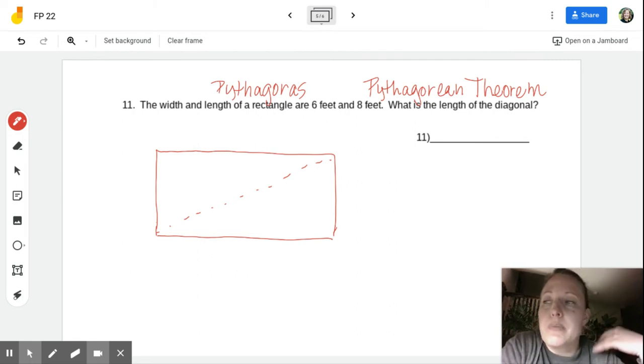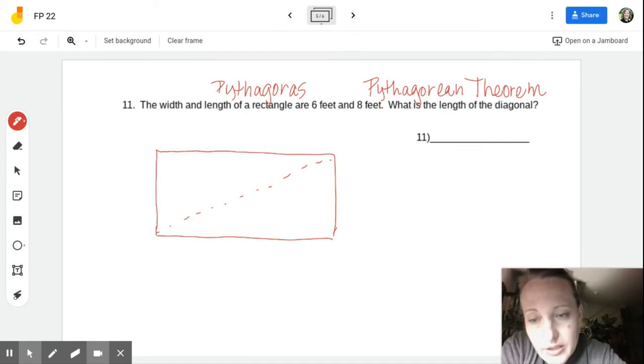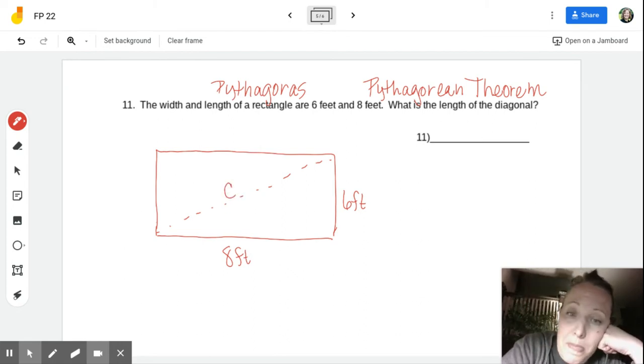A theorem is more like, hey, this is how something works. So we're going to use this theorem. So here I have a rectangle, and the width and the length are 6 feet and 8 feet. Okay. And the question is, what is the length of the diagonal? So I'm going to call this missing one C.